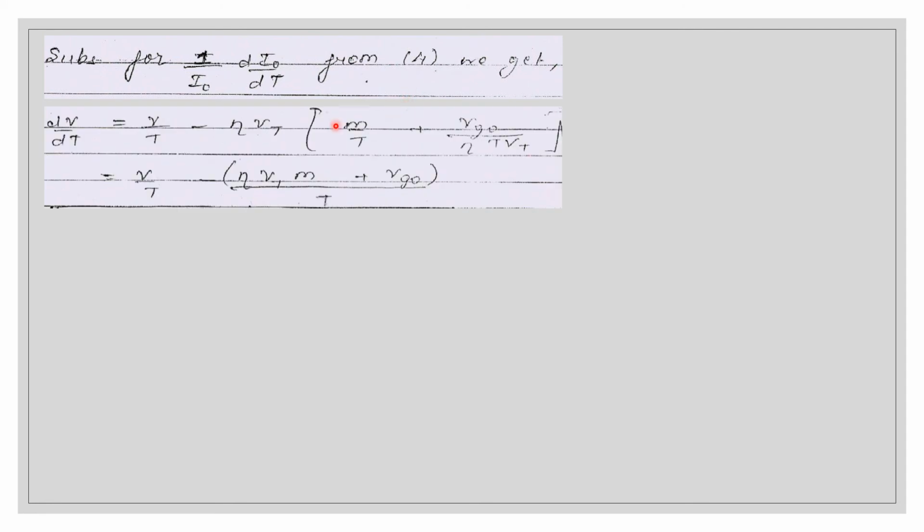Substituting for (1/I0)(dI0/dT) from equation 4, we get dV/dT = V/T − ηVt (m/T + Vg0/(ηT Vt)).